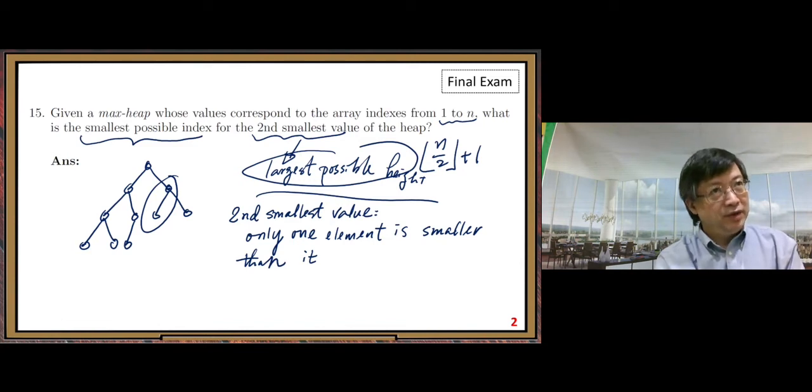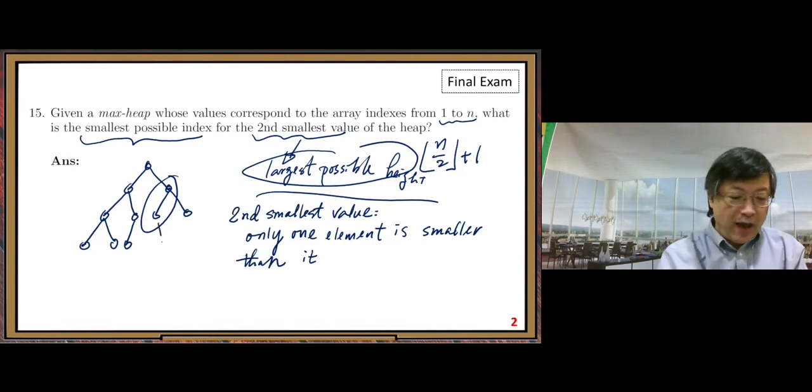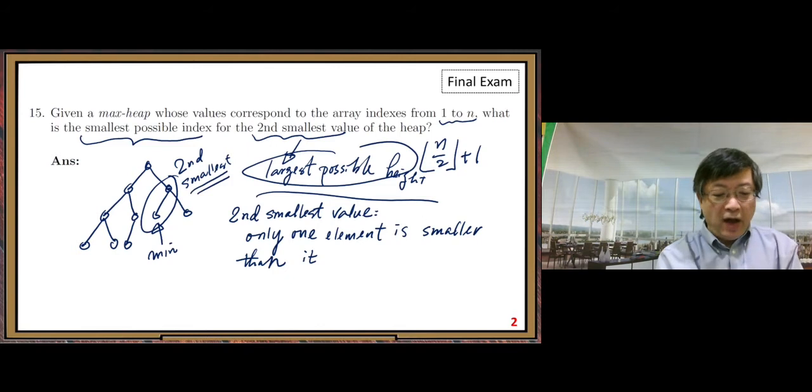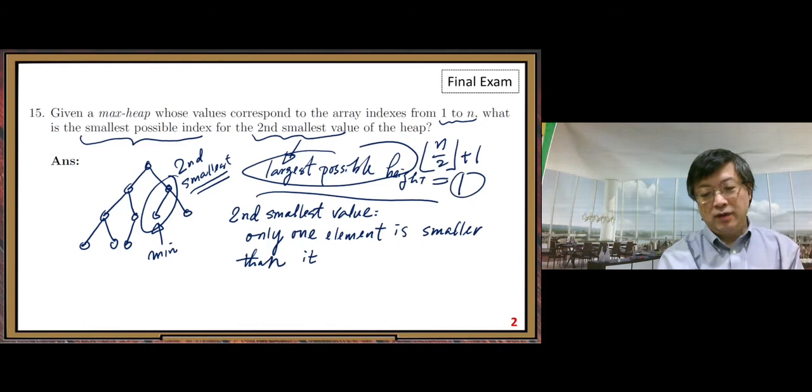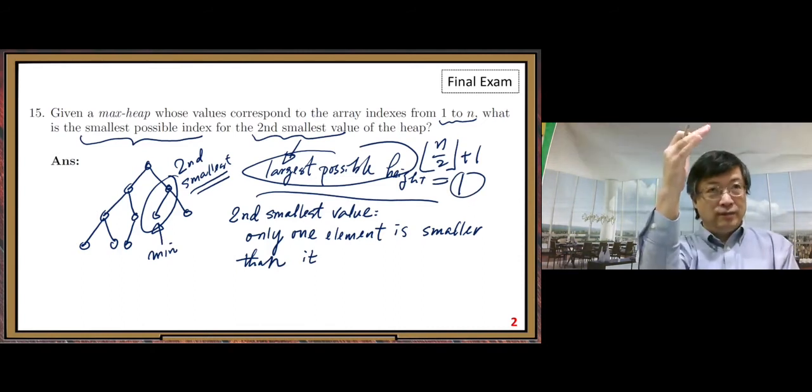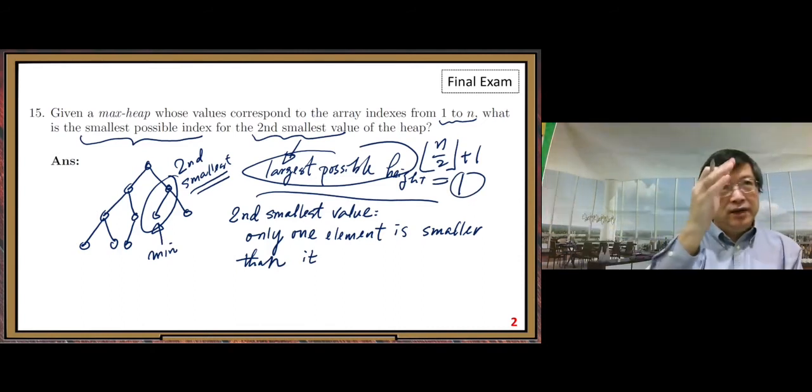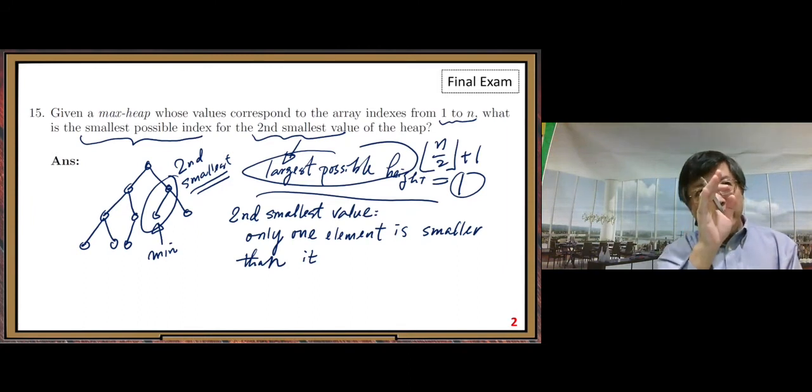That one we can treat as the minimum, and this is the second smallest. The largest possible height equals 1. You cannot have height 2, so that number can only have height 1.